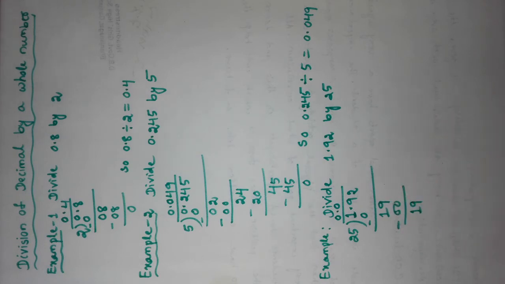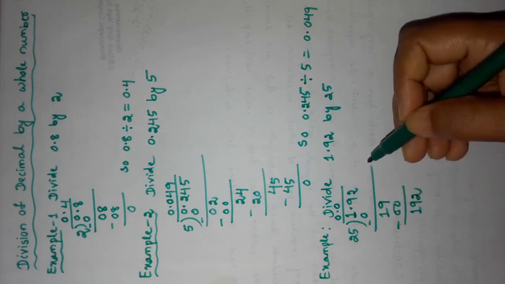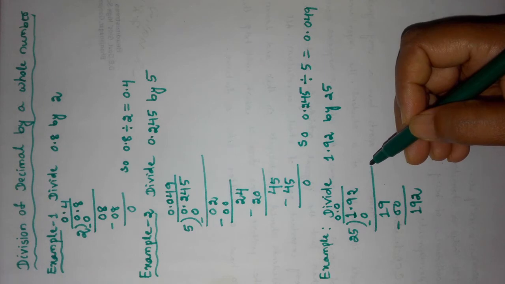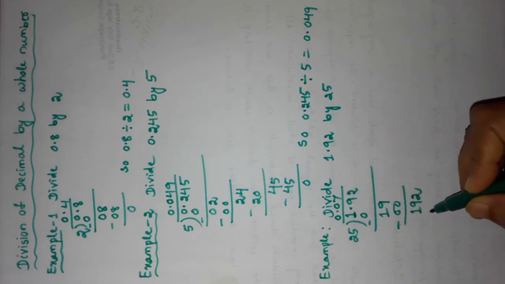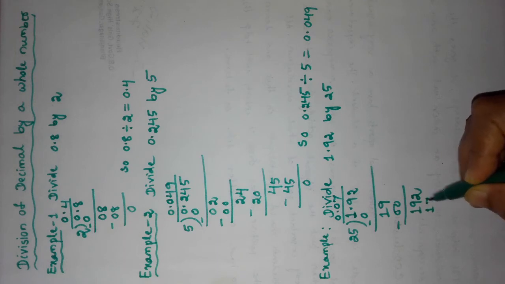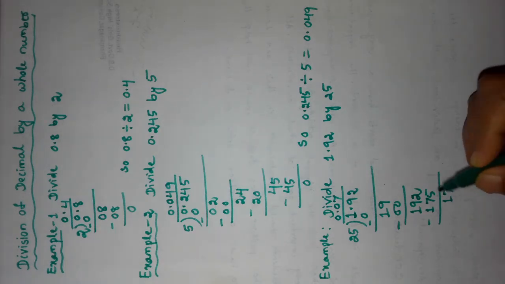The remainder is 19. Then bring down 2. 25 7s are 175. Then subtract. The remainder is 17.